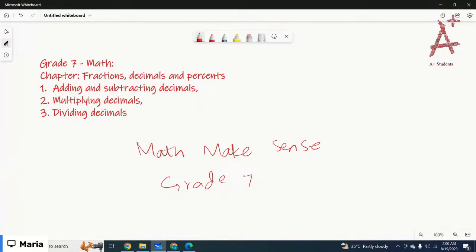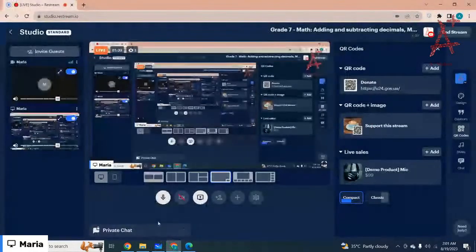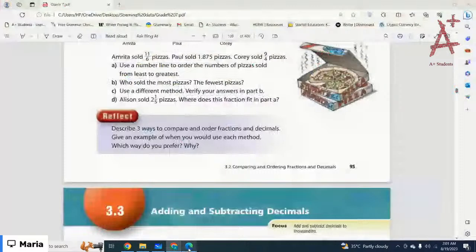Let's just start with the lesson. Let's start with the lesson adding and subtracting decimals. Okay, here I'm on the book.